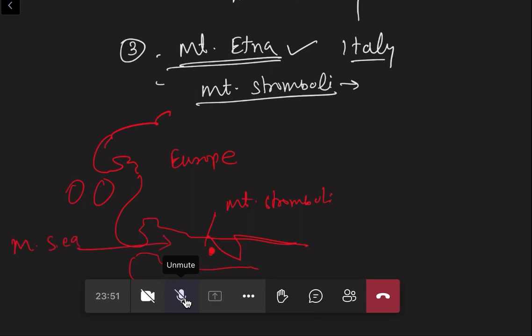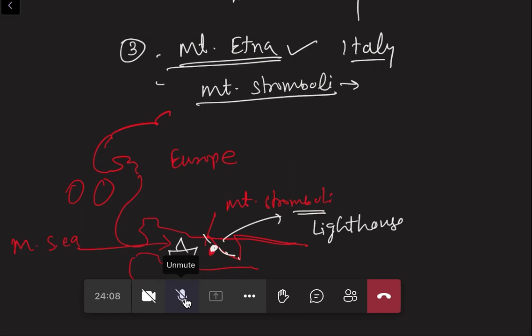So it is located here, and all the ships which go from here see that this mountain is erupting. That means this is the land now. Hereafter, the land starts, and that's why Mount Stromboli is called the Lighthouse of the Mediterranean.